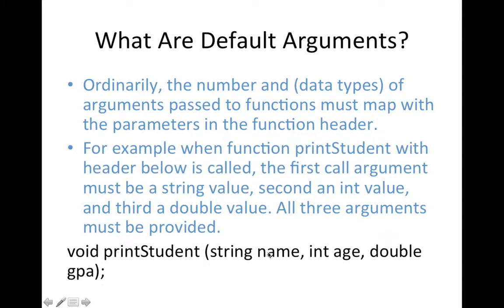So when I actually call the print student, this should be a name, and second should be an int value, presumably an age, and third should be a double value, presumably a GPA. So all 3 arguments should be provided, otherwise you will get a compile error. That's the mapping mechanism between function prototype header and the function call.